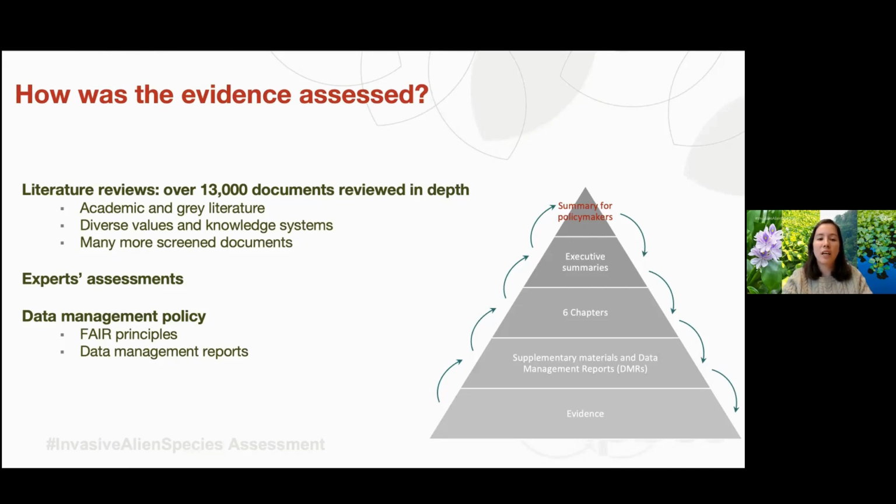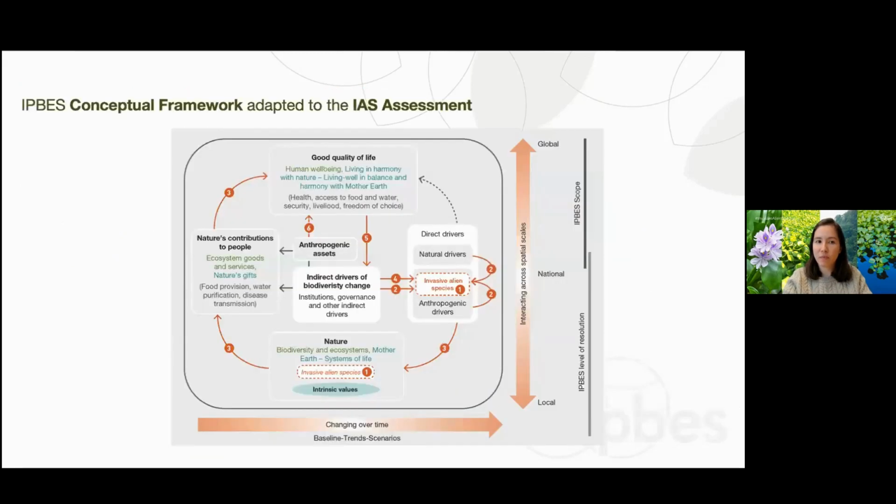This really ensured that diverse values and knowledge systems were included in the assessment. As explained before, we had experts' assessments using confidence terms, and everything was documented in data management reports very transparently, following the IPBES data management policy.